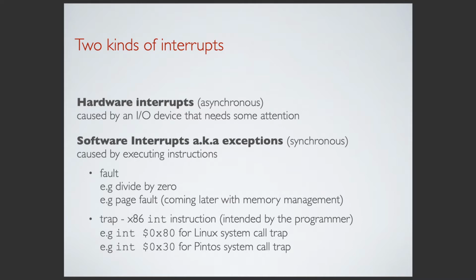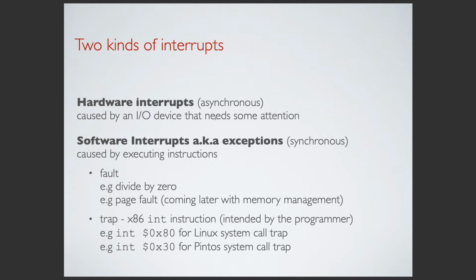Okay, we're going to see that in detail a little bit later. So here the instruction is called int, okay, and you have to pass an integer, which is the number. So each exception can have a number, right?